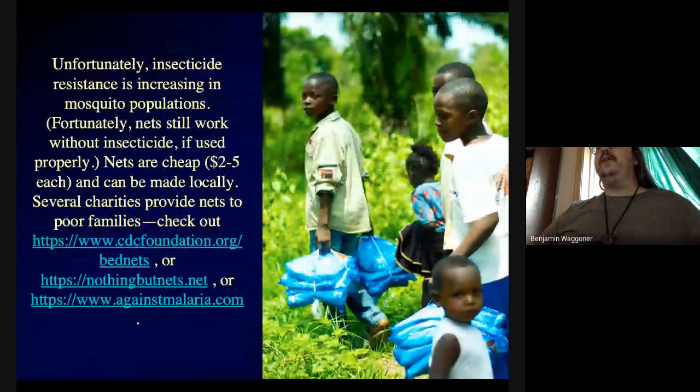Insecticide resistance is increasing in mosquito populations, but the nets will still work without insecticide if they're used properly. And the nets can be made locally in Africa or other places where they're needed. You don't need expensive fabrication facilities to make them. They're cheap. They're $2 to $5 each.